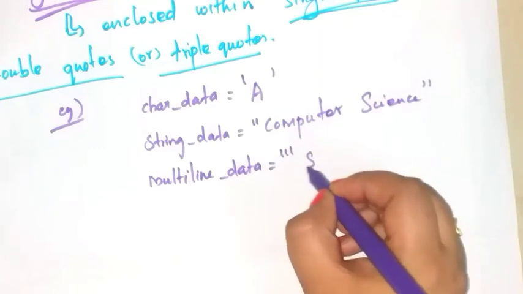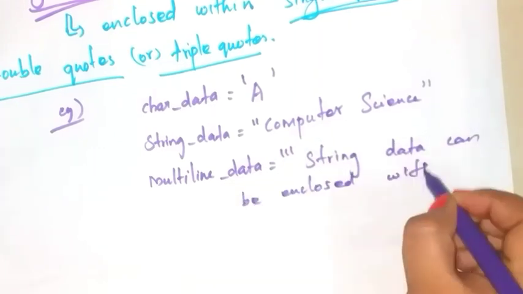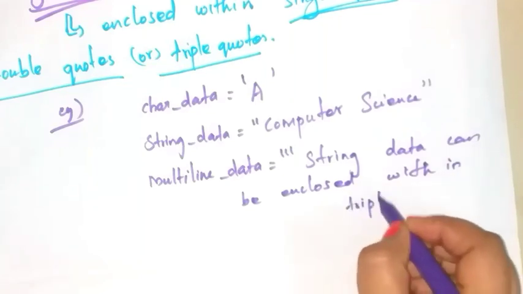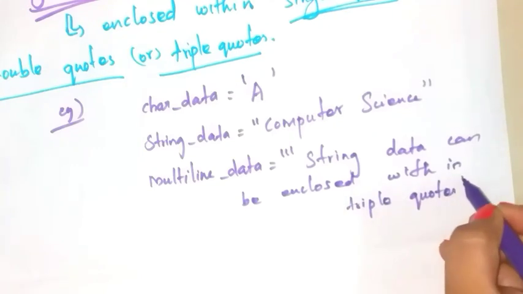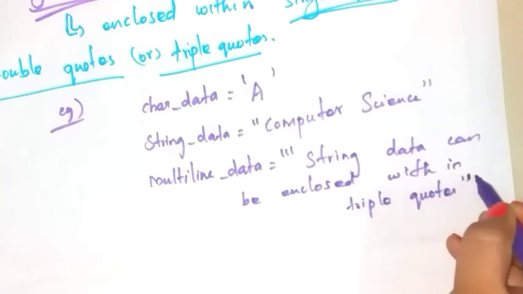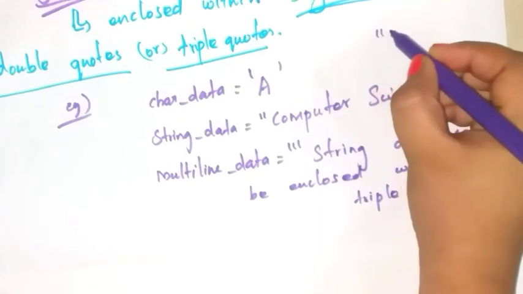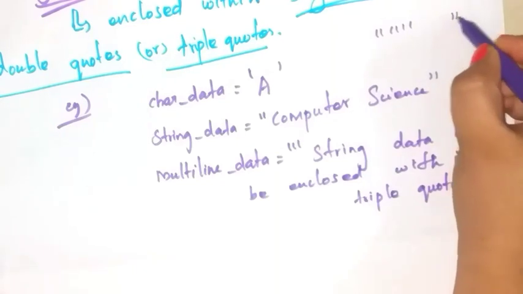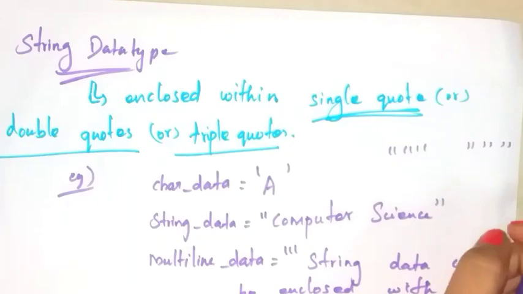String data can be enclosed within triple quotes, so this is multi-line data. Here you have to give triple quotes. You can write these triple quotes like this also. This is also called triple quotes. So this is about the string data type.